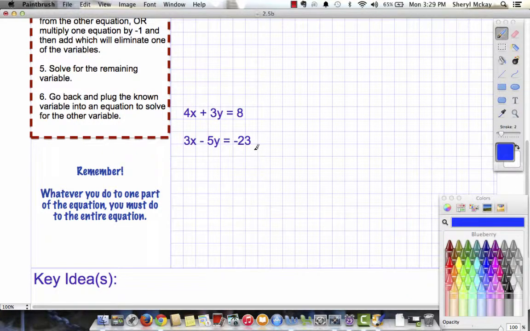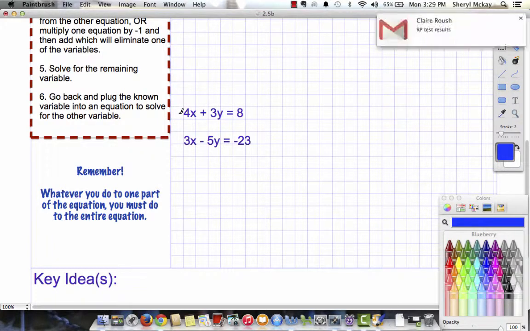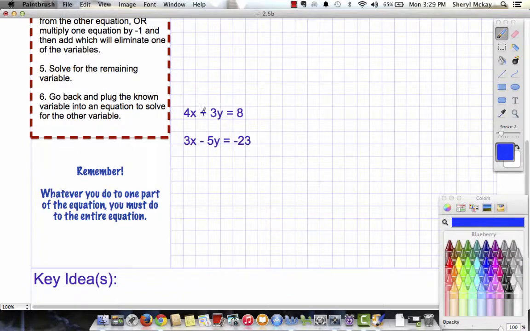So I'm looking at this and I'm saying, what can I multiply either my top equation by to get my x to be the same as this x, or my y to be the same as this y. So I'm looking and I don't see that I can easily multiply one equation or the other to get one of my variables to be the same. So I'm going to have to do a little bit more work.